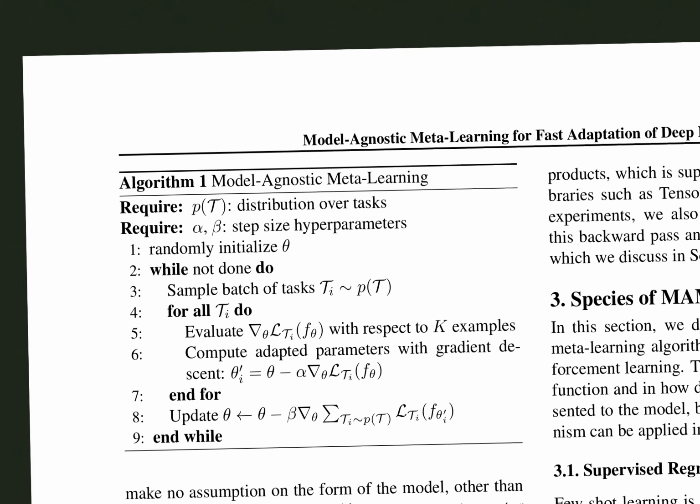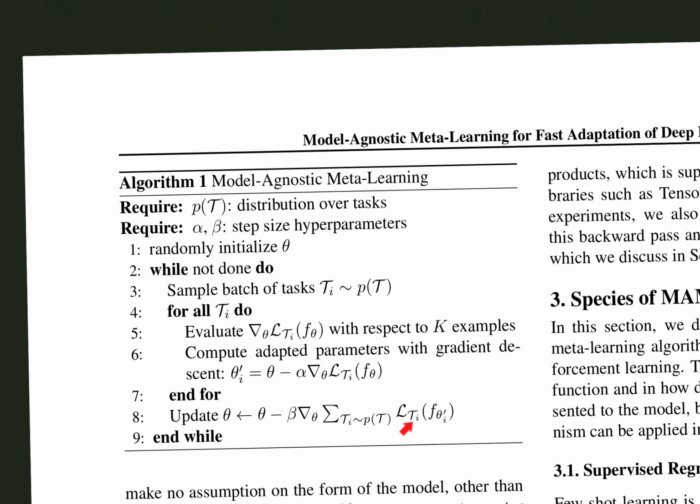What this means is that in this step size beta, you basically compute this thing here, meaning that for each task i from this distribution, you take the model, let's say your neural network, and you put the theta prime i in that, which was the one-step look ahead of that. Now you have a model which is parameterized with the approximation of the optimized set of parameters for that task.